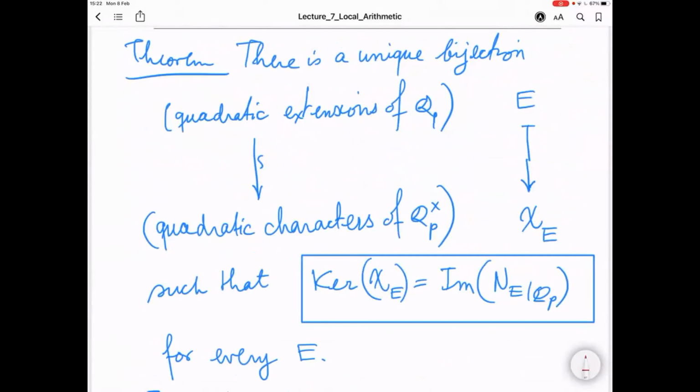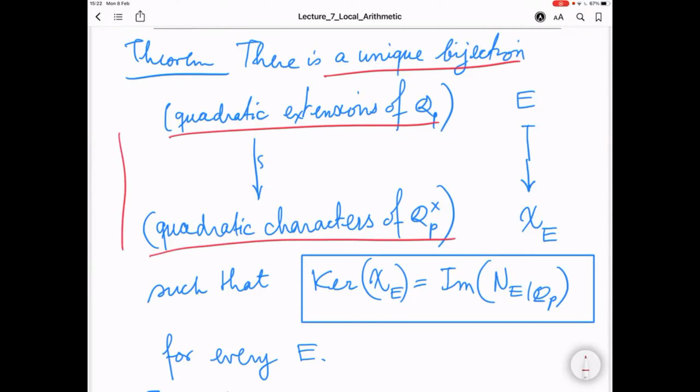So here's the main theorem for today. It says that there is a unique bijection between these two sets. The first set is the set of all quadratic extensions of Q_p, and the second is the set of all quadratic characters of Q_p star.